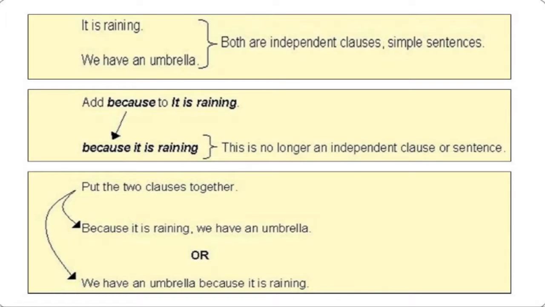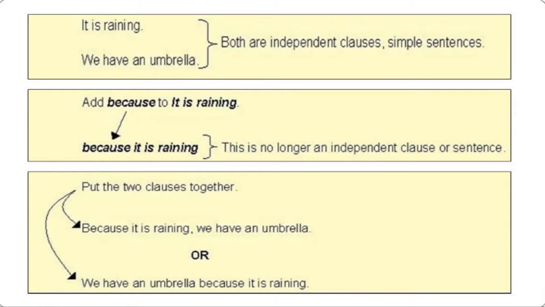So if you look at these two examples, do take note of the structure. If you start off with a dependent clause, in this case again, because it is raining, you must remember to put a comma followed by the independent clause.